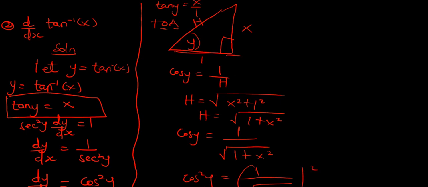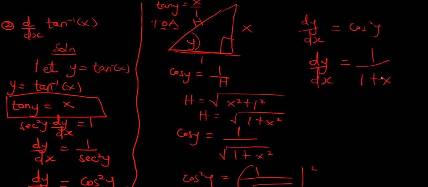Okay, now we have our cos squared y, so we simply put it here. So our dy over dx, which is cos squared y, is now going to be dy over dx equals 1 over 1 plus x squared. So that's the final answer. So when you take the derivative of the inverse tan of x, you're going to get 1 over 1 plus x squared.